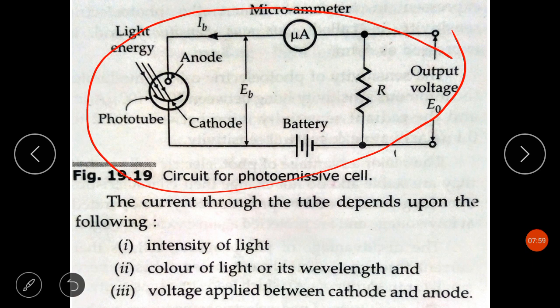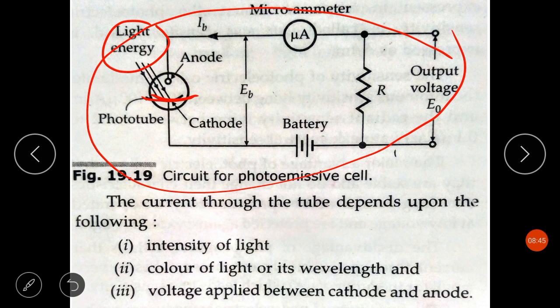What are the factors? First, the photoelectric current will depend on the luminous intensity of light, which means if the light striking this photoemissive material, or you can say the cathode part, has higher intensity, the number of photons striking this photoemissive material is more, so the electrons emitted because of the absorption of energy from the photons will be more, and because of that the photoelectric current will be more.